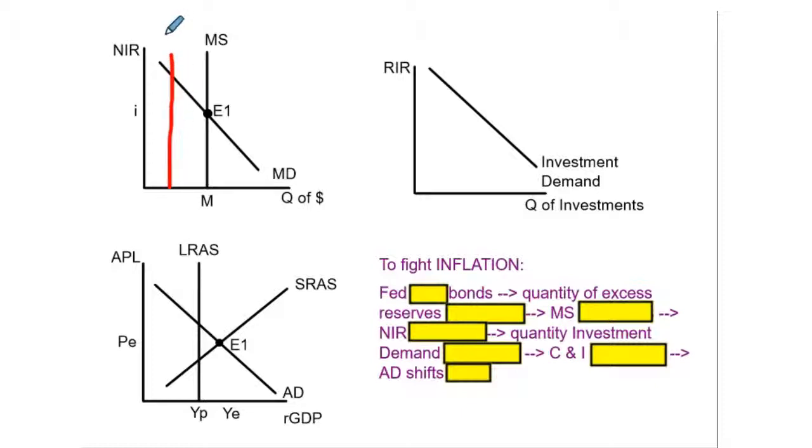So if we're trying to decrease money supply, would the Federal Reserve buy or sell T-bonds? It would sell them. So if they sell Treasury bonds, that means that they're selling bonds to commercial banks, so the quantity of excess reserves that those commercial banks have decreases because they have to pay the Federal Reserve for those bonds with their excess reserves.